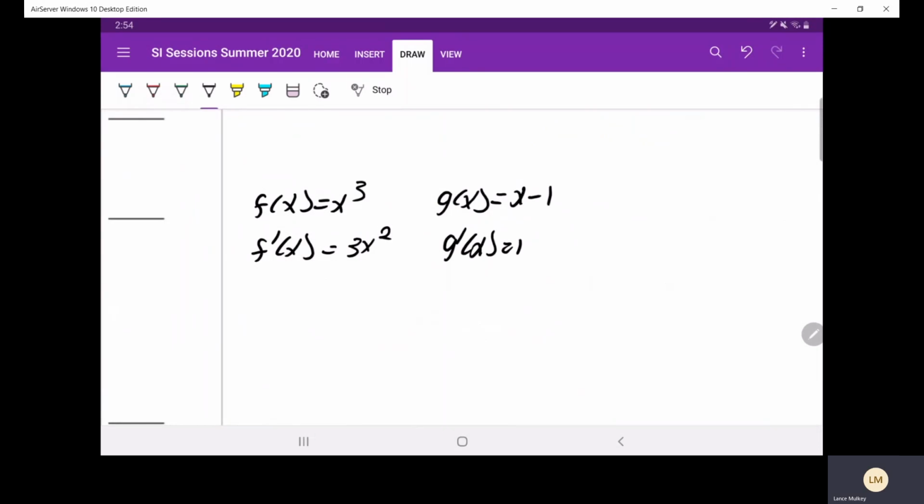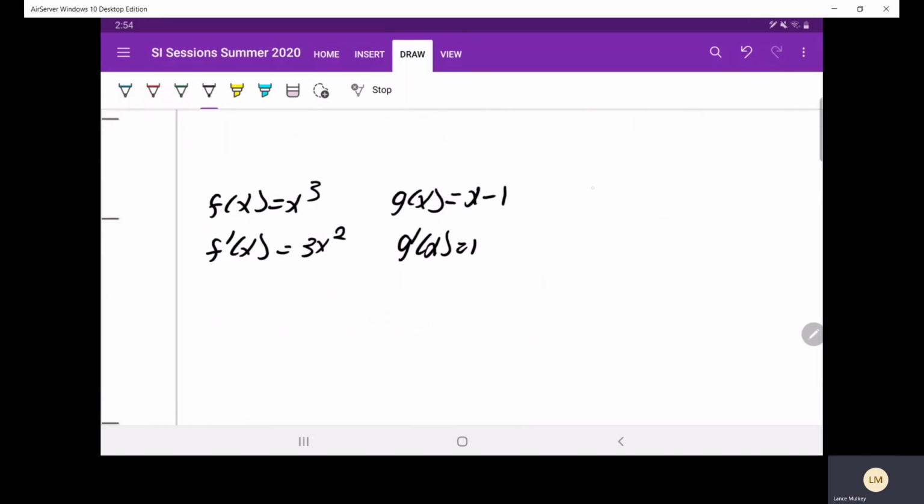So if we follow quotient rule, you get g of x, so minus f of x, so cubed times 1 all over x minus 1 cubed.